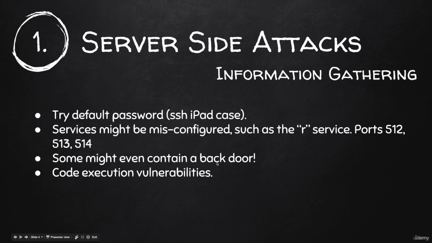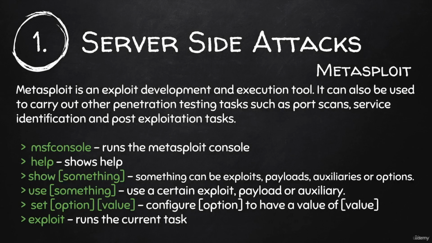We also saw the basic use of Metasploit to connect to a backdoor that was installed on the FTP service. Today we're going to have a more advanced look at Metasploit, and we'll see how we use it to run a vulnerability that exists in a certain service. It's a code execution vulnerability, which will give us full access to the target computer as well.